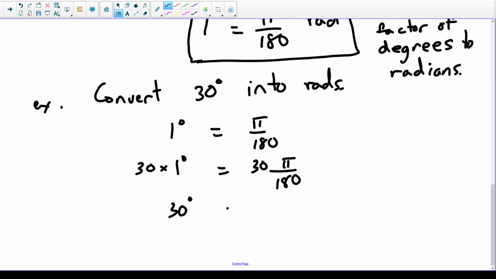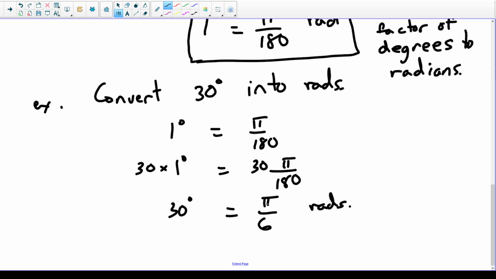And we end up with 30 degrees is equal to pi over 6 rads. So pi over 6 is the exact same type of thing as an angle as 30 degrees is.